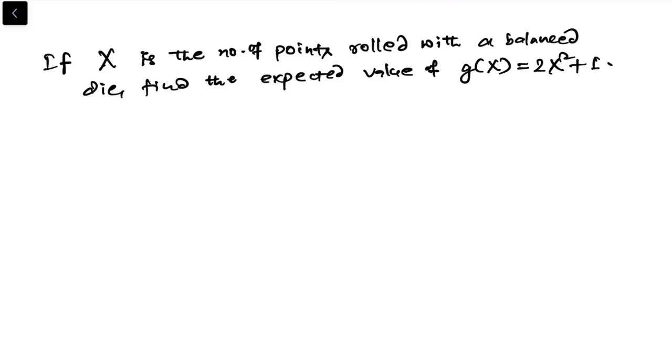So you are asked to calculate the expected value of this function. Okay, so now what is x? X is the number of points rolled with a balanced die.